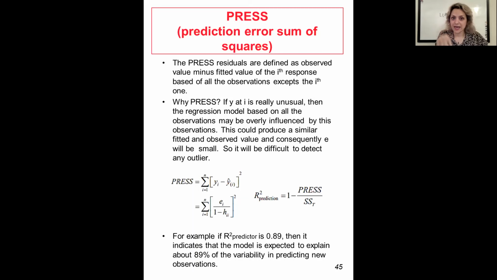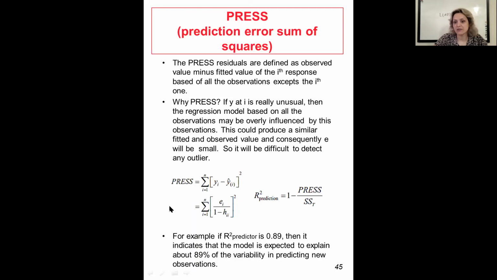In that case, you would look at the observed value minus the fitted value of the ith observation. If it's unusual, the model could produce a similar fitted and observed value, and consequently e will be small. So it will be difficult to detect any outliers.